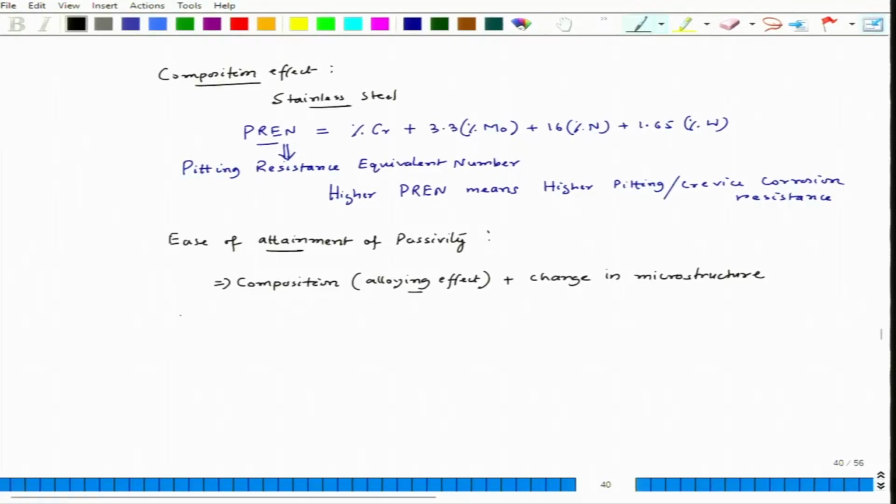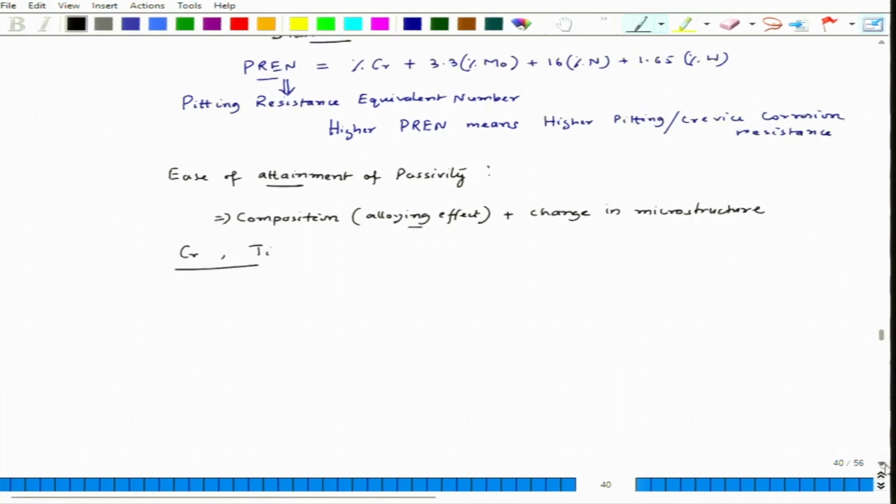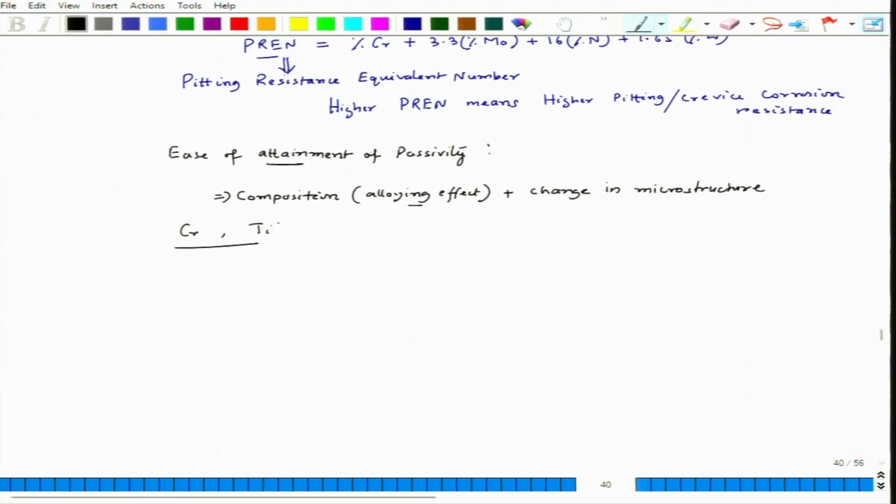So, in case of chromium or titanium, this particular combination of alloying as well as change in microstructure would come into the picture. We have chosen these two elements because they show active passive behavior.